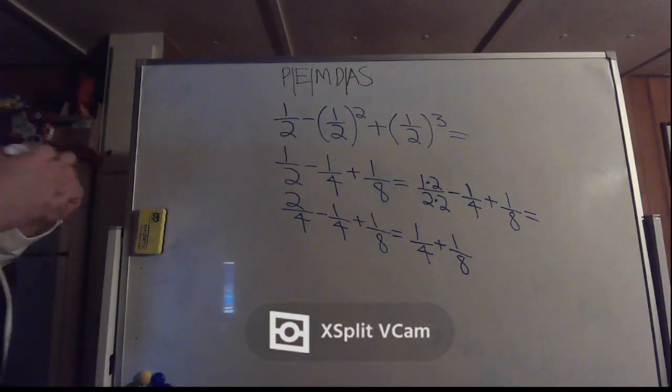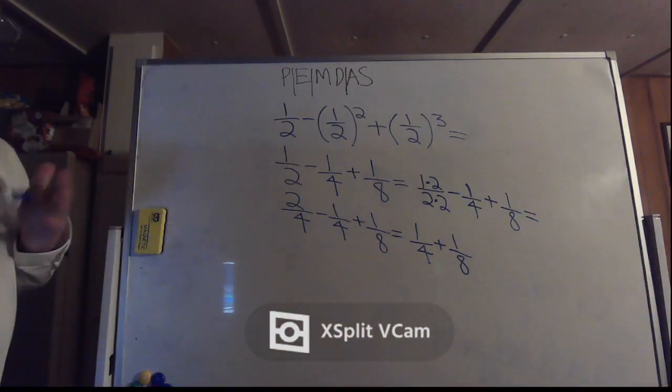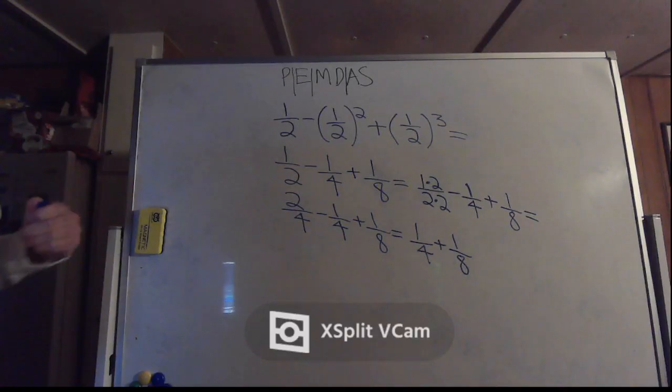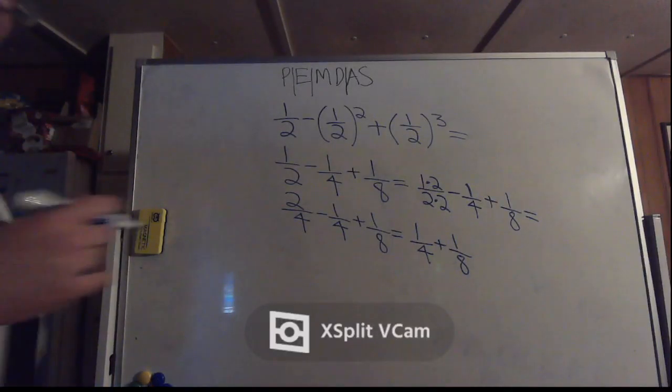So now you're down to two terms. You have 1/4 plus 1/8, but we need to have a common denominator. Well, good news is 4 is a factor of 8, so that means 8 would be your common denominator. So in order to convert 4 into 8, you have to multiply by 2.